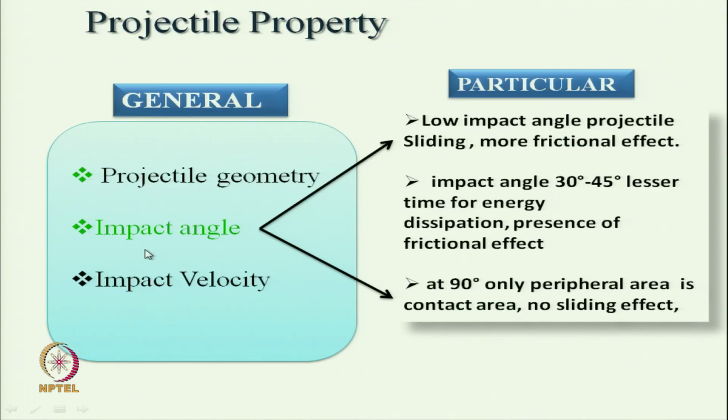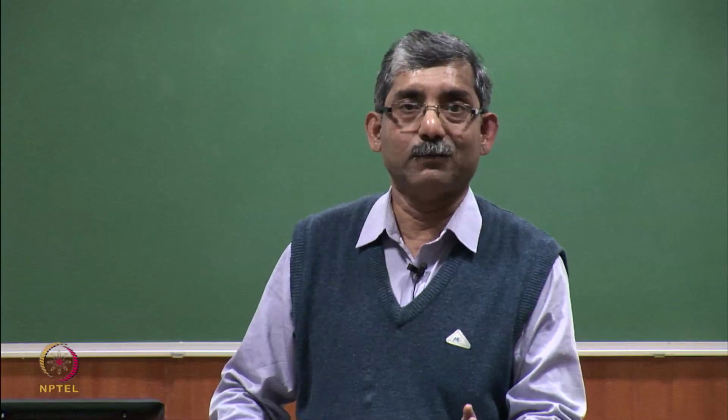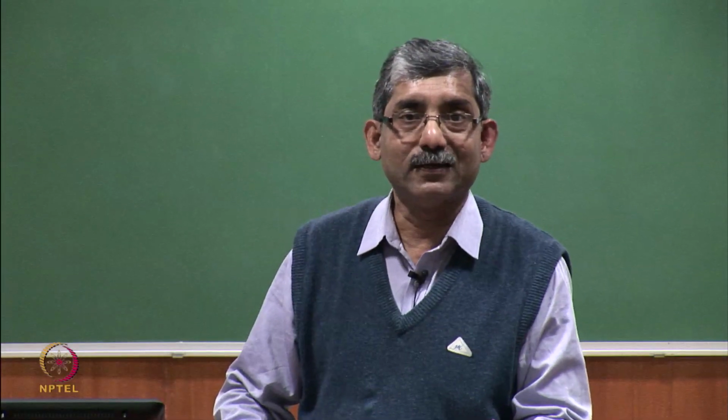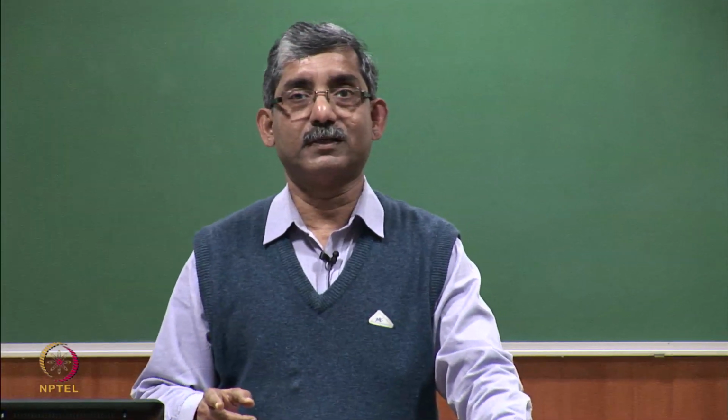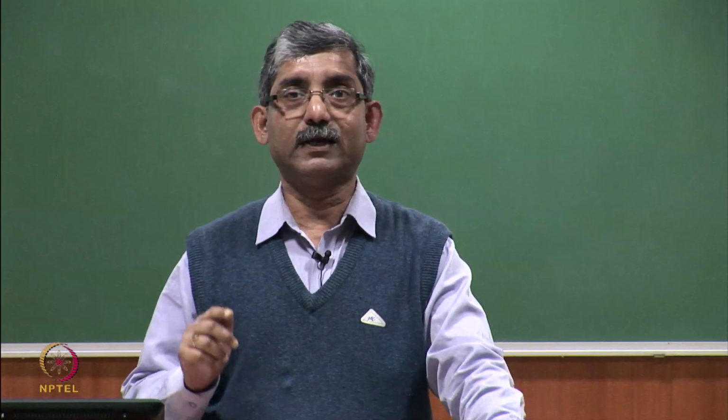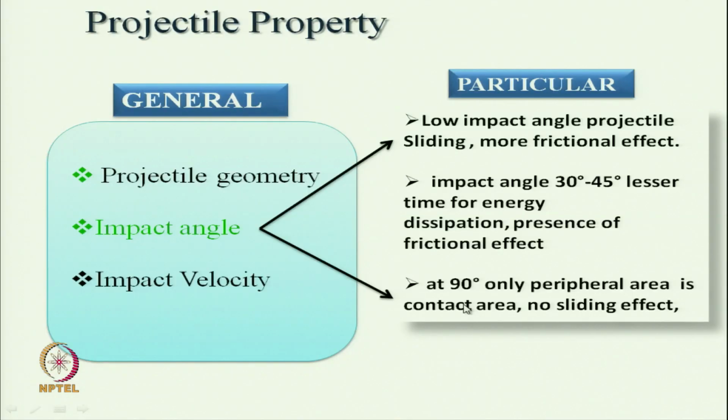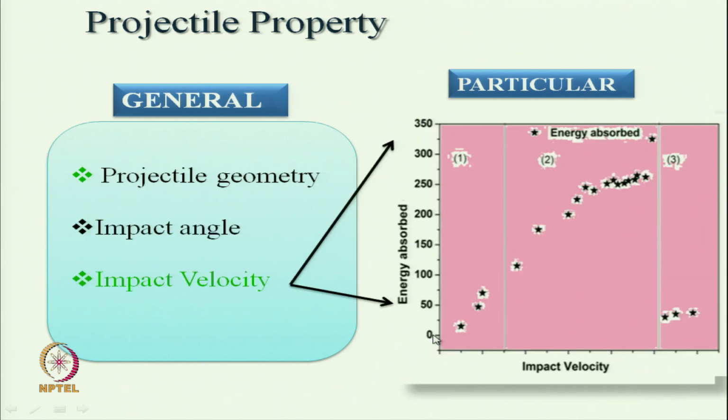Angle of impact is also important. A low angle of impact means there will be sliding. Ideally, if the angle of impact is 90 degrees, it will penetrate and there will be no sliding; only the peripheral area is in contact with the body armor. The third one is impact velocity.